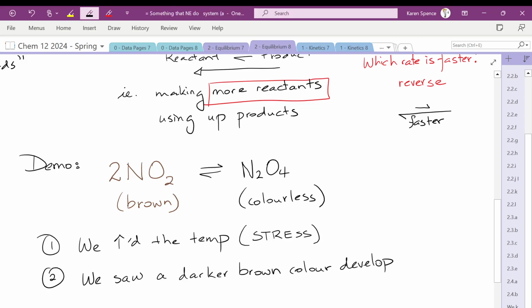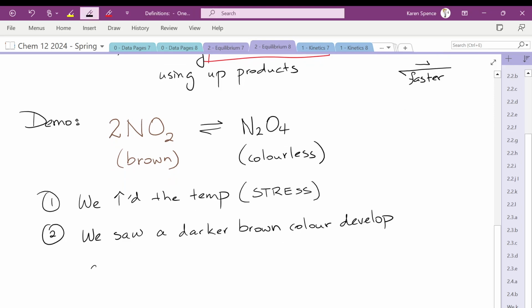And then stabilize. What process was happening, one of our new words, when the darker brown color was developing? We had our shift.